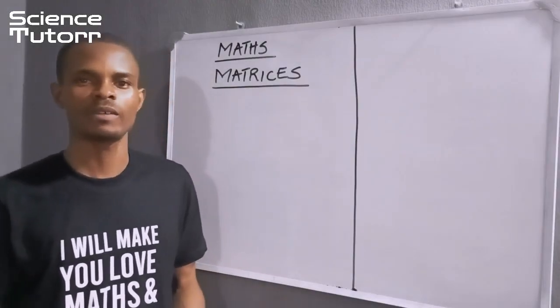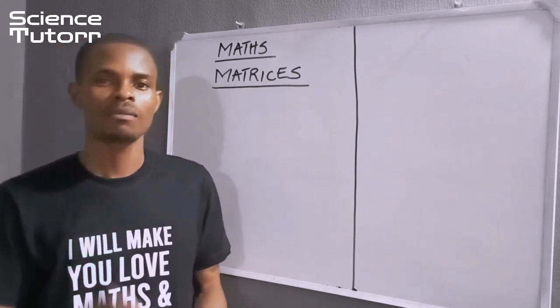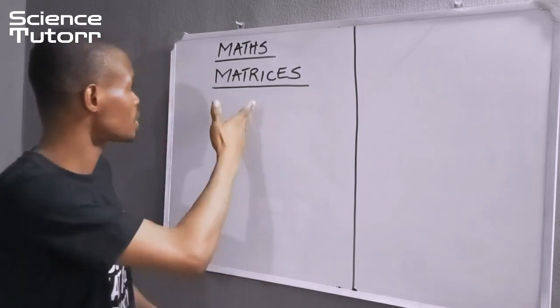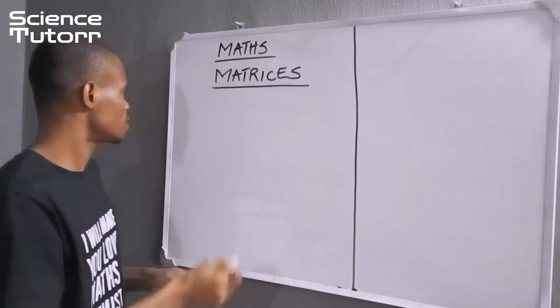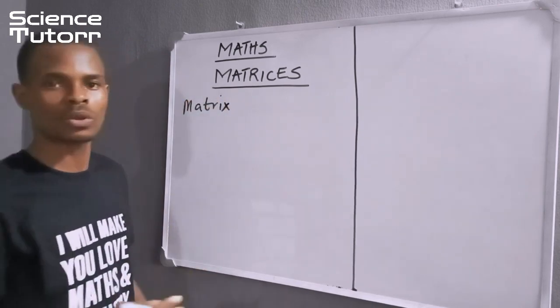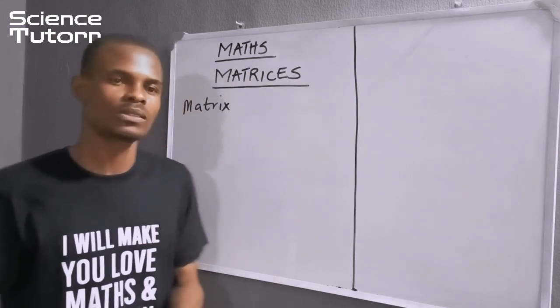In this video we shall be looking at the topic matrices, singular matrix, plural matrices. What is a matrix? A matrix specifically is a rectangular array of numbers that is enclosed within brackets.